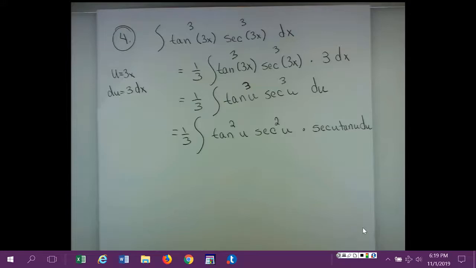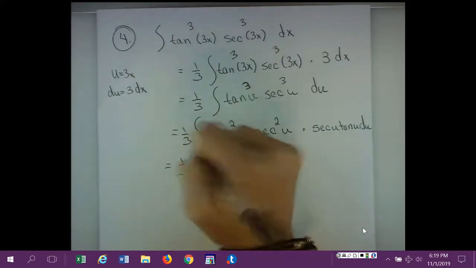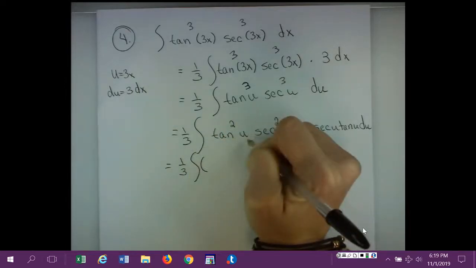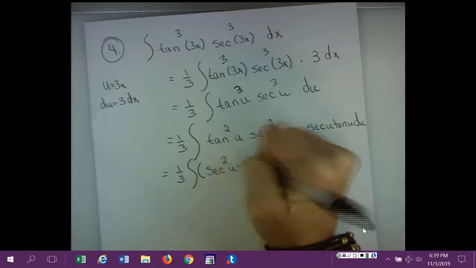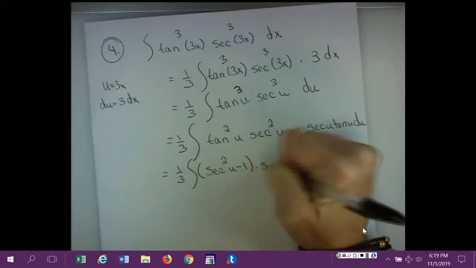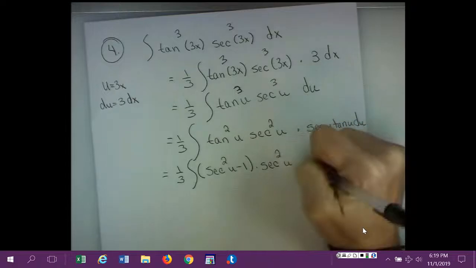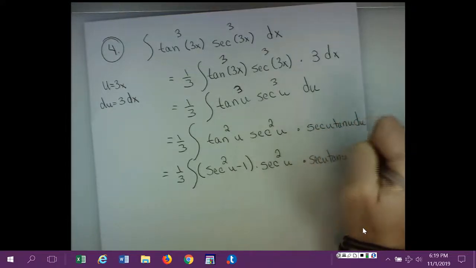Apply the relevant identity that tangent squared is secant squared minus 1. Be very careful, parentheses. Tangent squared is secant squared u minus 1 times secant squared u, because it didn't say to do anything with that, times secant u tangent u du.